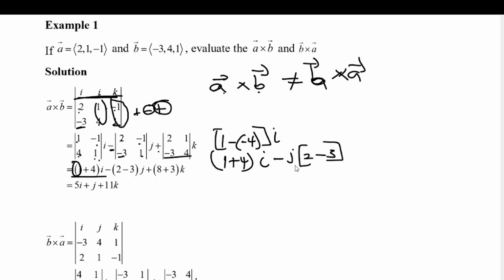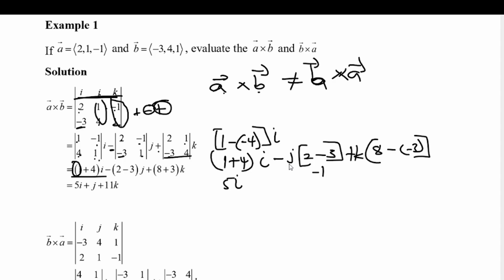So the final result for this: the first one was I, and the second one is K. So for K, we have 2 times 4, which is 8, minus negative 3 times 1, which is negative 3. So we will have 5I, and then here we are going to get negative 1.